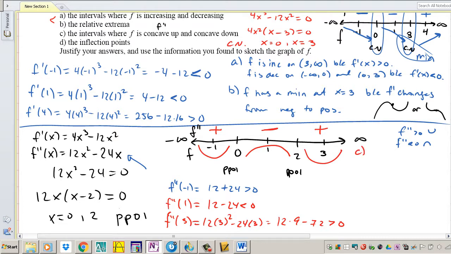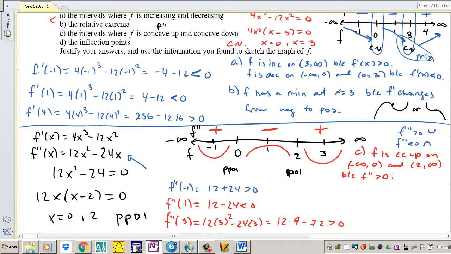C, determine the intervals where f is concave up. f is concave up on negative infinity to 0 and 2 to infinity, because f double prime is positive.